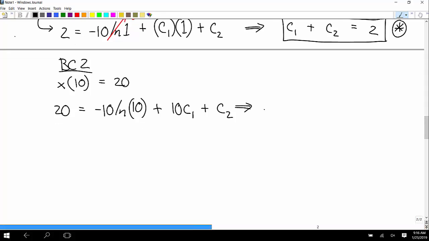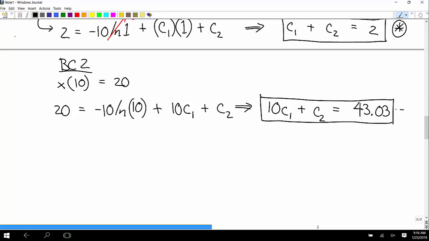And we can write this as 10c1 plus c2 is equal to, what's 20 plus 10 natural log of 10? 43.03. And I'll call that equation 2 star.